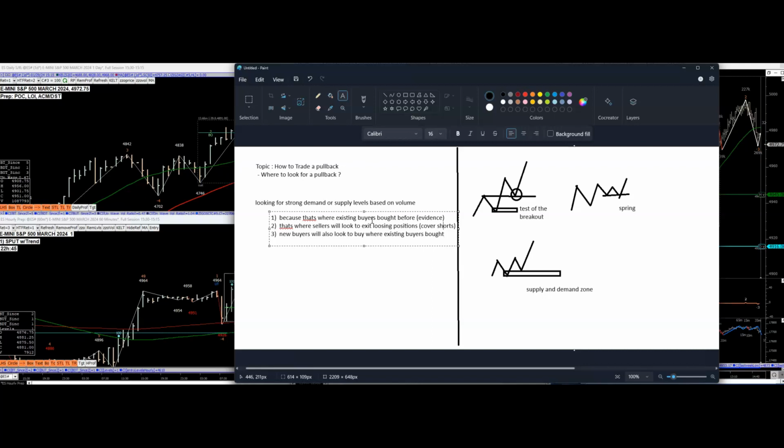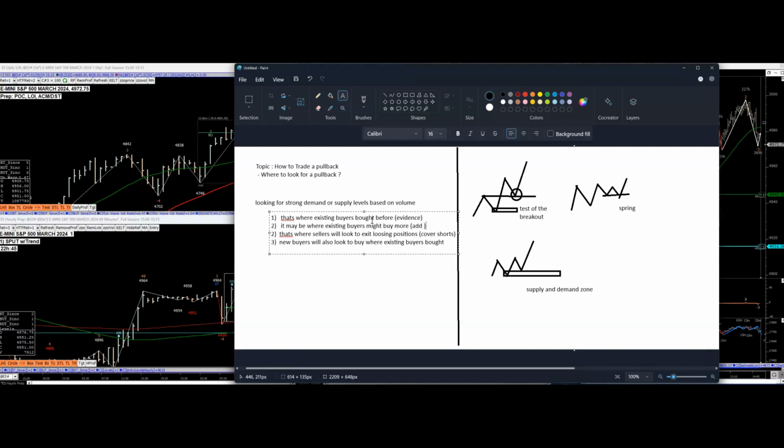So let me just say that's where existing buyers bought before. That's a fact, too. We don't know this for certain, but we know that it may be where existing buyers might buy more.